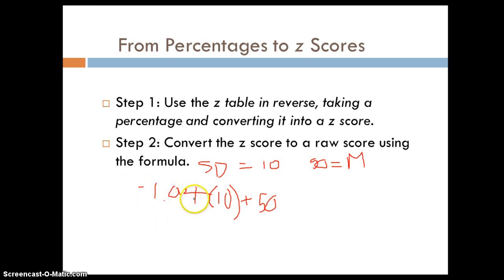So negative 1.04 times 10 is negative 10.4. And then we'll add the 50 in, which means that 50 minus 10 is 40, and then we have to subtract out this 0.4, so that gives us 39.6.